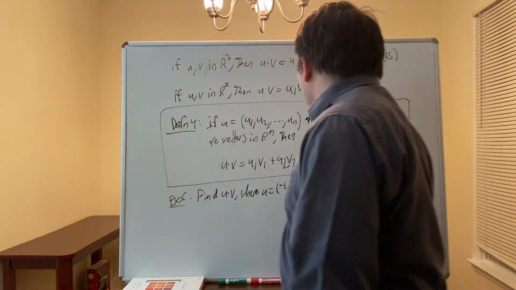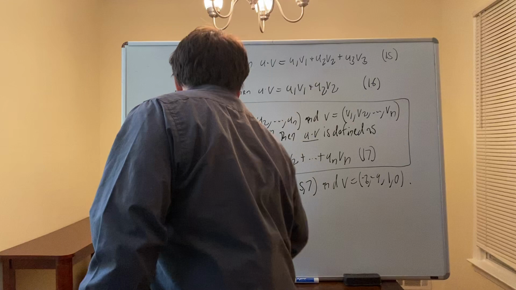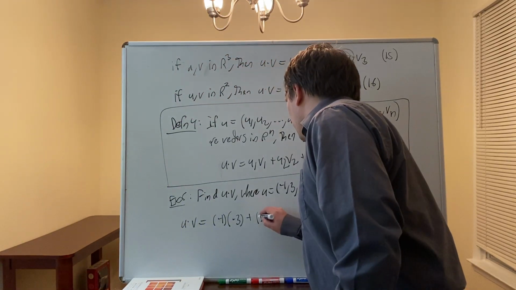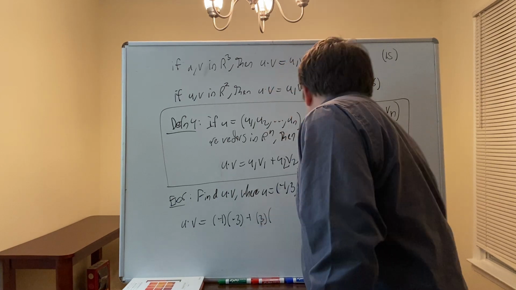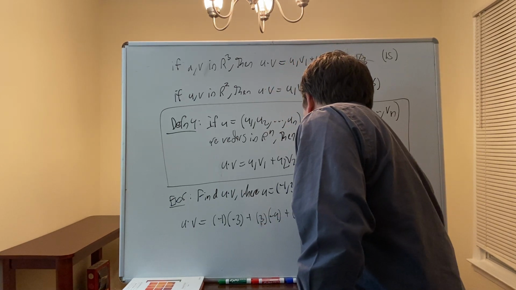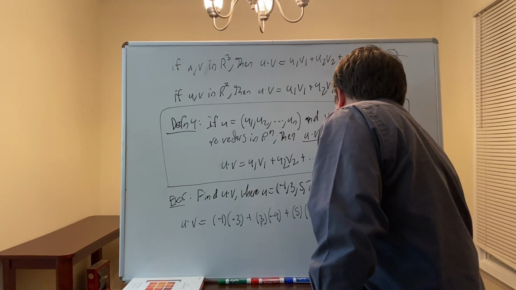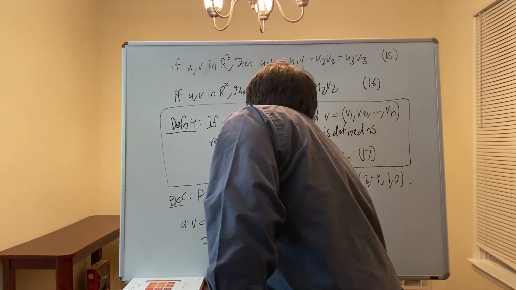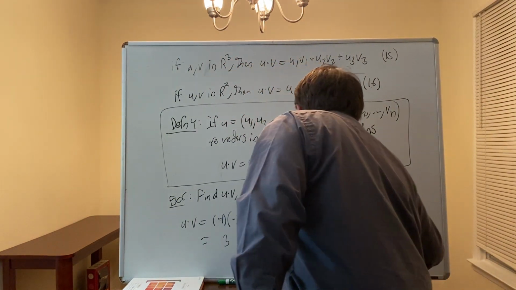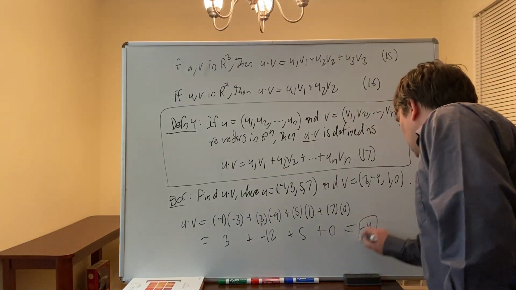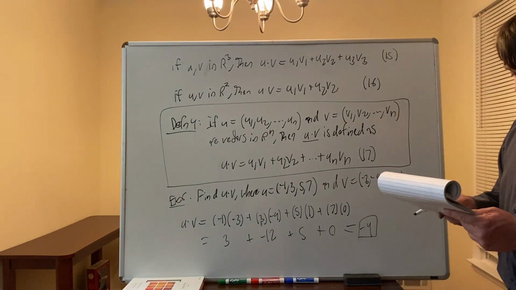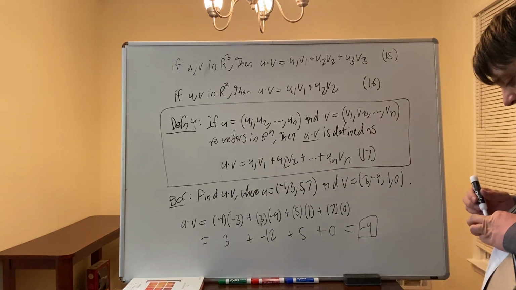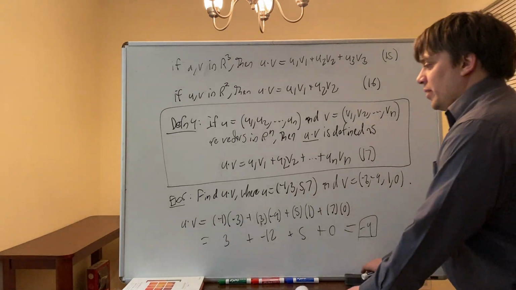Okay, so that's u, that's v, and so u dot v is just the first component of u times the first component of v plus the second component of u times the second component of v plus the third component of u times the third component of v plus the fourth component of u times the fourth component of v. What's that? That's equal to 3 plus -12 plus 5 plus 0, and that's -4. Okay, so u dot v is -4 in example 6, 3.2.